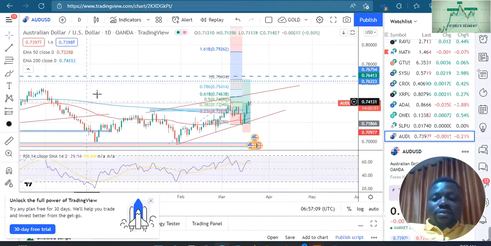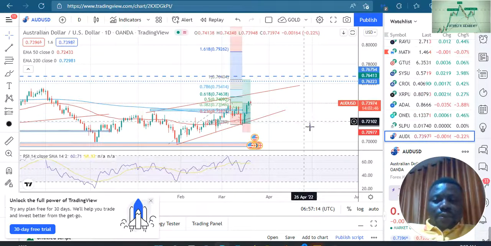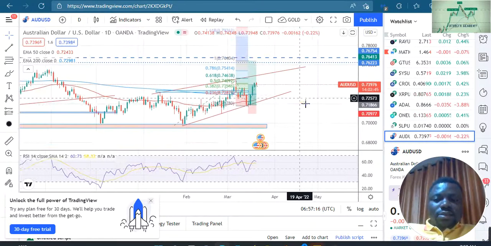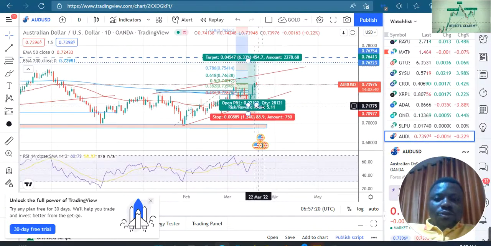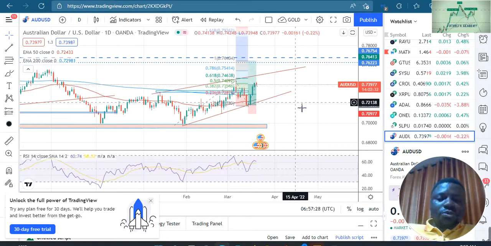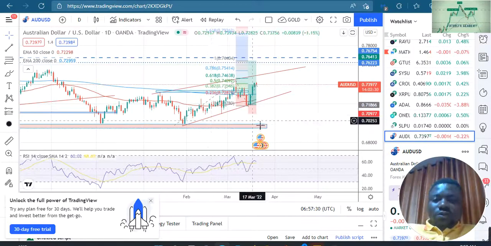So, as you can see, currently on AUD by my analysis last week, you will see where I placed my short on AUD with 1 to 5 ratio, and so far so good.